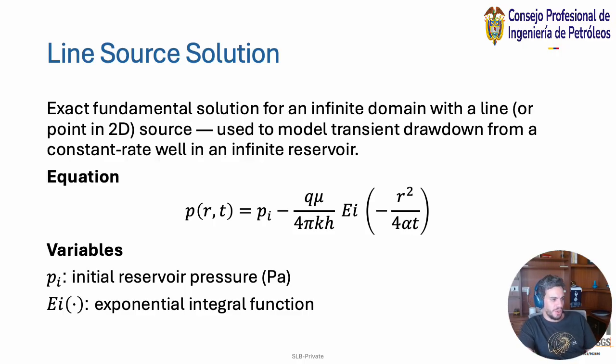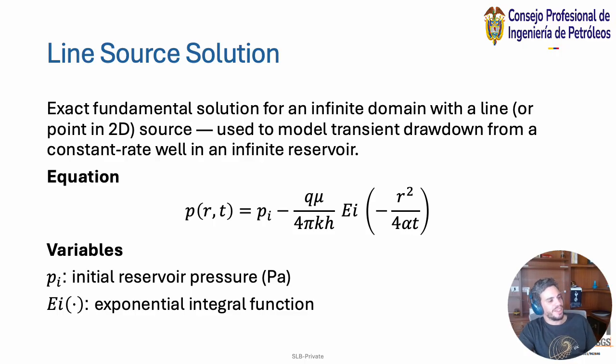So taking a look at the equation, we have p with respect to r and t, so the radius and time, and it's equal to the initial pressure minus the flow rate multiplied by the viscosity divided by 4 pi multiplied by the permeability times the height.